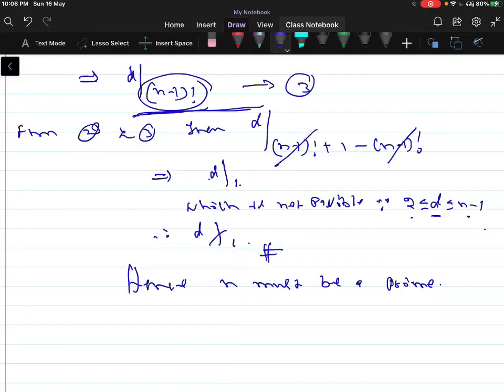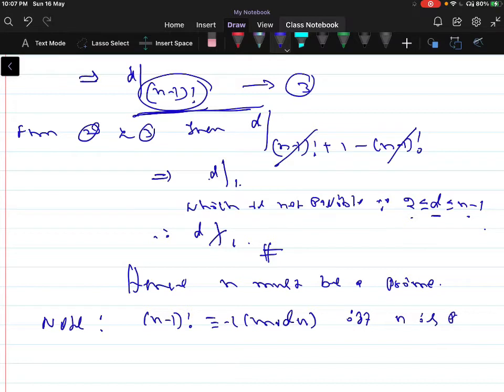Now let us take a note. (n minus 1) factorial is congruent to minus 1 modulo n if and only if n is prime. We know that Wilson's theorem states that if n is a prime number, then (n minus 1) factorial is congruent to minus 1 modulo n.